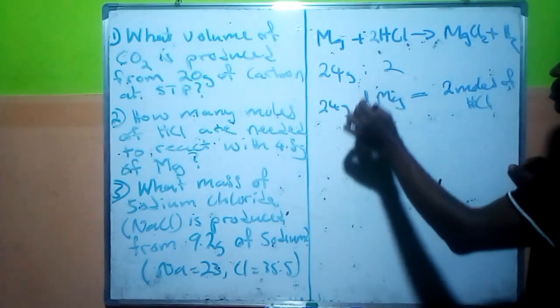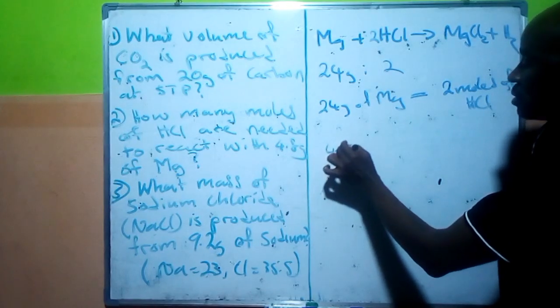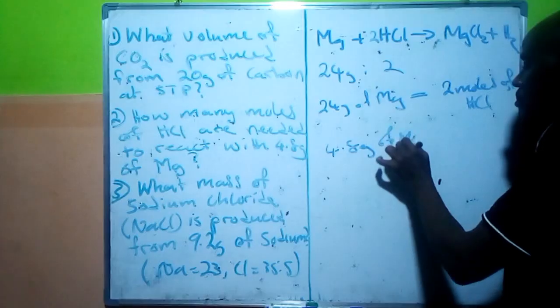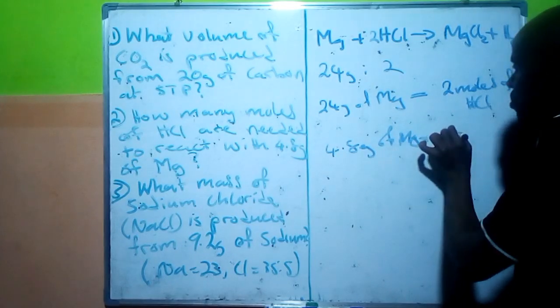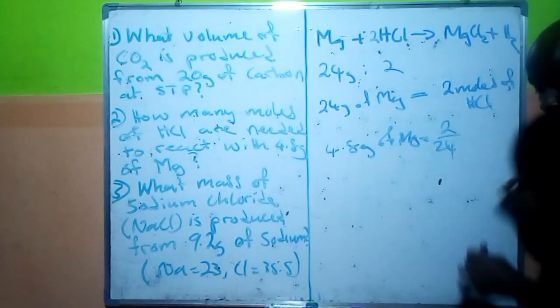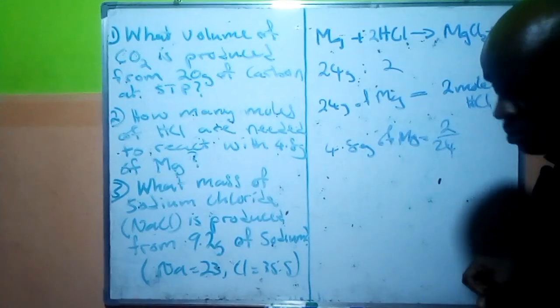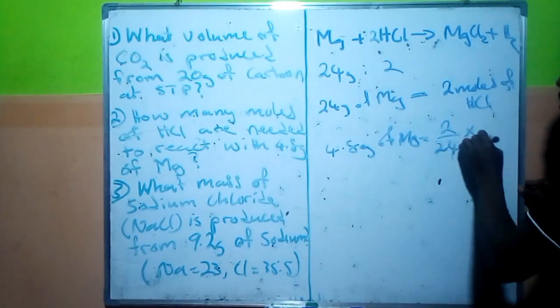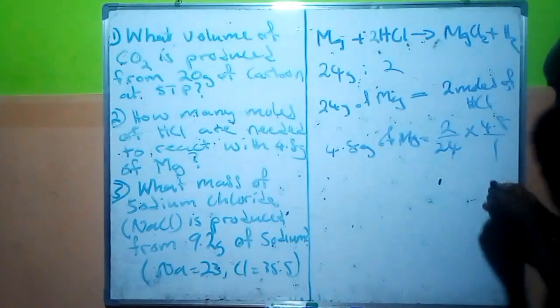So then we have 4.8 grams of magnesium. What we have here will be 2 over 24 and 4.8 over 1.